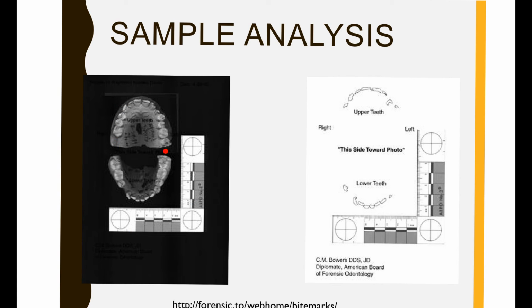So of the person's actual jaws, but if we had done a model, it would look pretty much the same way. And then over here on the right, this is the acetate. So they've taken this transparent piece of material and they've marked out the shapes of the unique features of that person's teeth. And then they would take this and put it on top of that to see if it matched up or not.